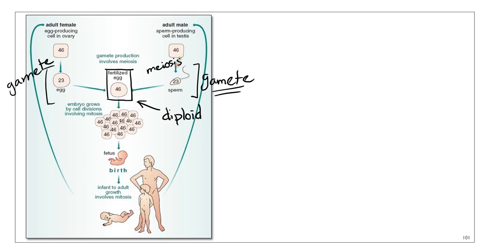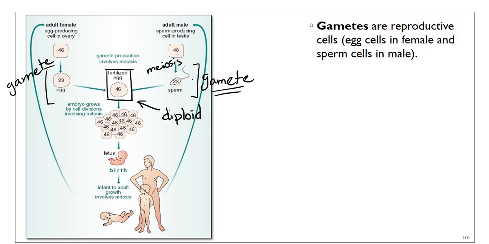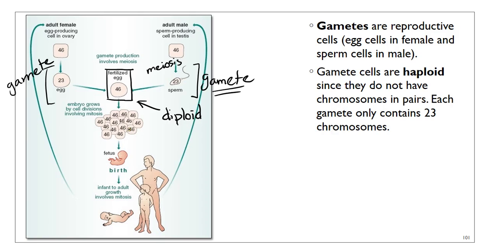So meiosis is the production of gametes or sex cells that have half the amount of chromosomes. And because gametes only contain half the genetic material, they are called haploid, because the chromosomes are not in pairs and each gamete only contains 23 chromosomes.